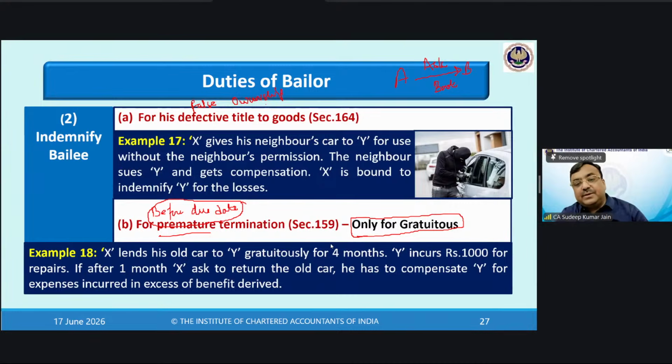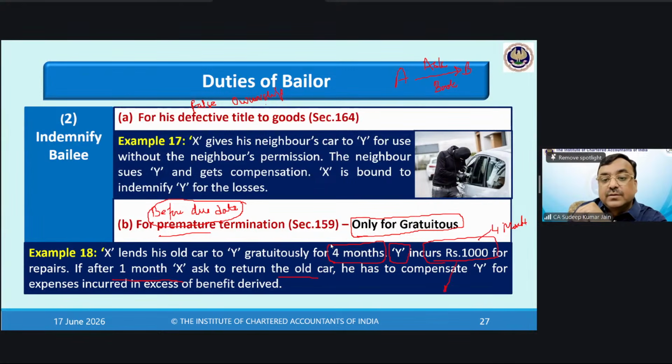See, in this example, the car was for 4 months and 1,000 rupees were incurred for repair by the bailee. But after 1 month, X asks to return the old car.